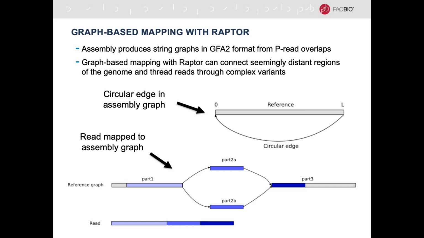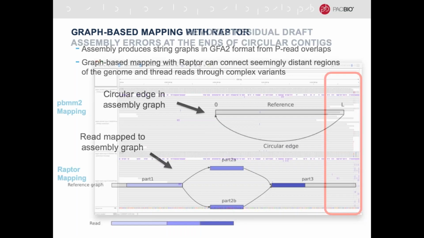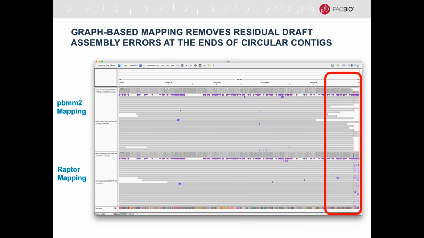So using the GFA, we can then provide that extra layer of information to the mapping tool, and Raptor is able to thread reads through complex regions, like you can see at the bottom where there's a bubble in the assembly graph, and Raptor is able to correctly map the read through that region and maintain awareness of that complex graphical structure. This is particularly important for circular assemblies.